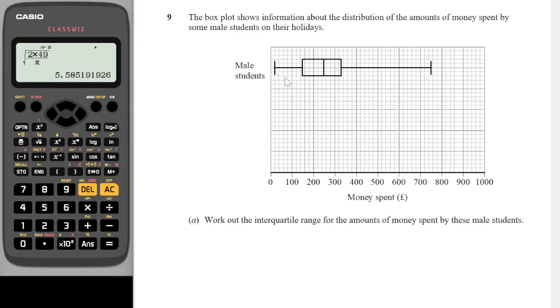Okay, question 9. The box plot shows information about the distribution of the amount of money spent by some male students on their holidays. Work out the interquartile range. So this is the interquartile range here. If we look, we're going from slap bang in the middle there and slap bang in the middle there. Then if we look at the scale, we're going up in 20s.